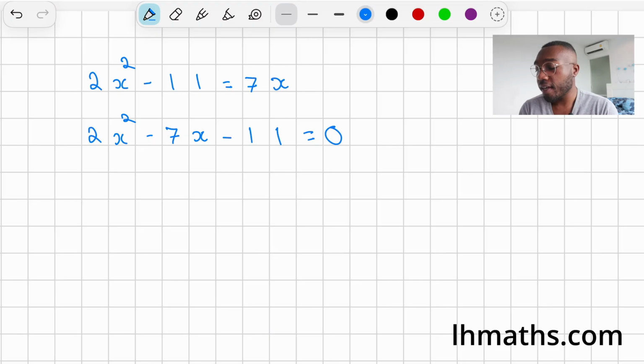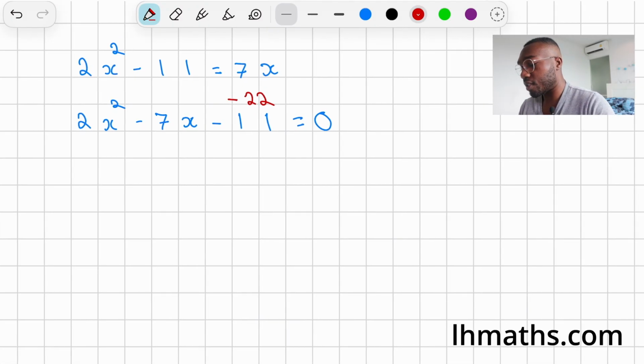But again, if we try and use our normal methods of working this out, so let's say we have 2 times minus 11, which is minus 22. If we try and think of two numbers which sum to make minus 7 and multiply to make minus 22, there aren't any. The only factors of 22 are 1, 2, 11, and 22, and none of them can give us 7. Therefore, we have to use the quadratic formula.